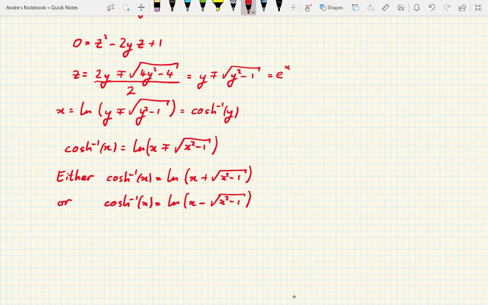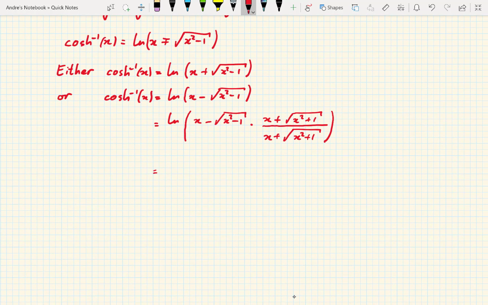We can make this second result more intuitive by multiplying the numerator and denominator by x plus root x squared minus 1 to give inverse cosh of x is log of 1 over x plus root x squared minus 1. And that's equal to minus the log of x plus root x squared minus 1.